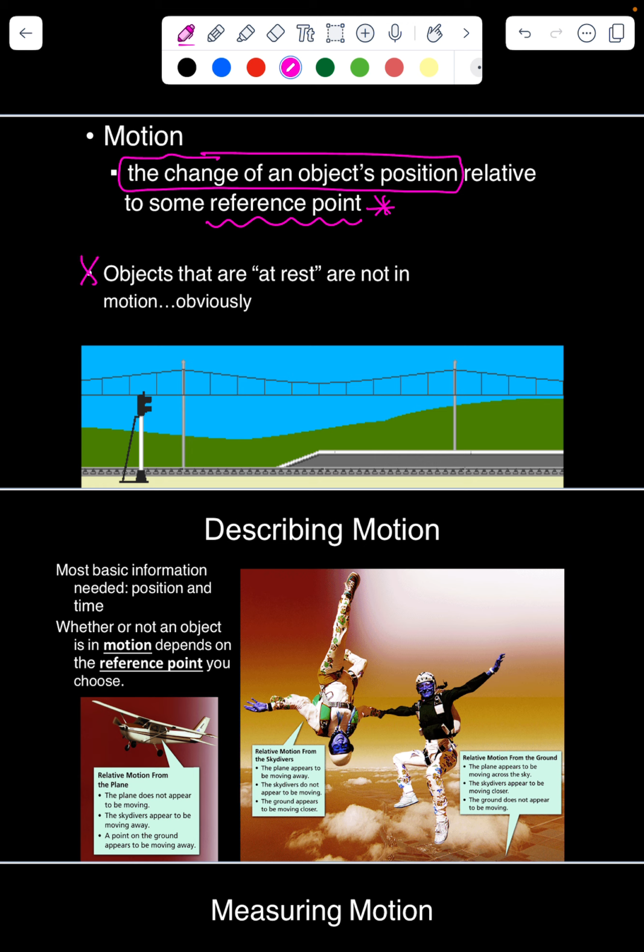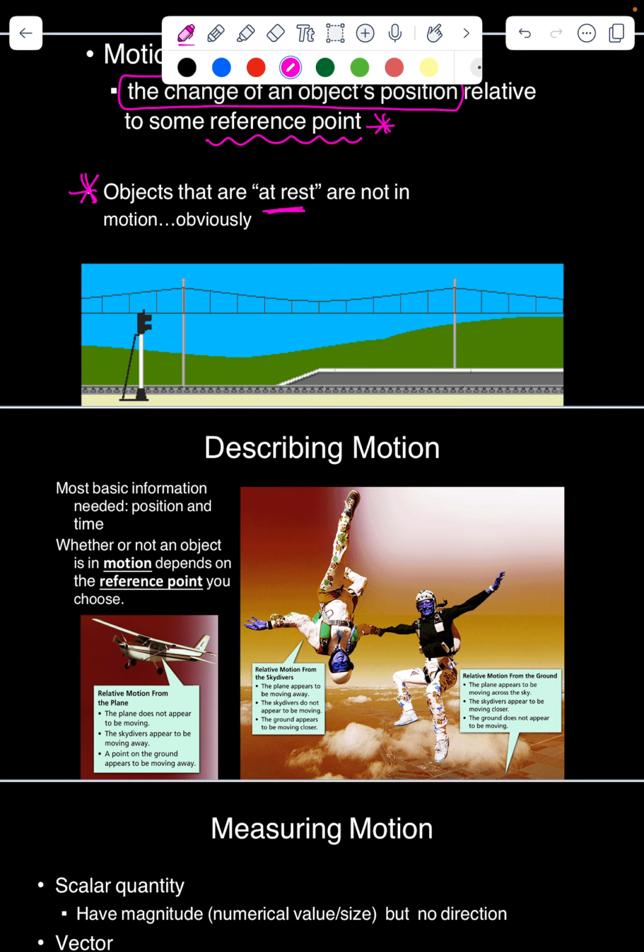So obviously, objects that are at rest are not moving, so there is no motion. You will see that again. So just know that objects that are at rest are not in motion. They do not have any speed, no velocity, anything like that. So whenever we describe this motion, we have to have that reference point.